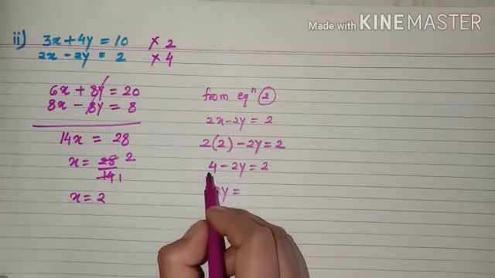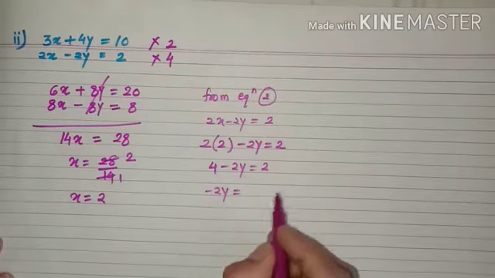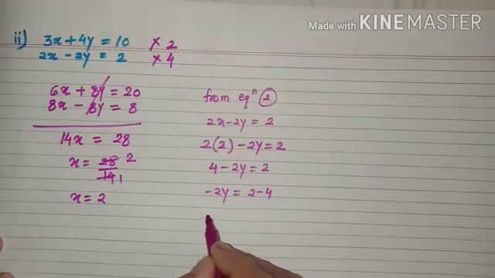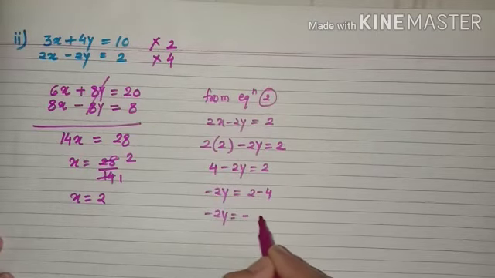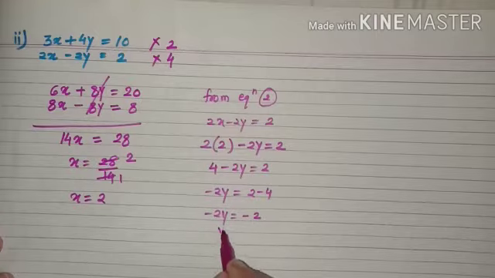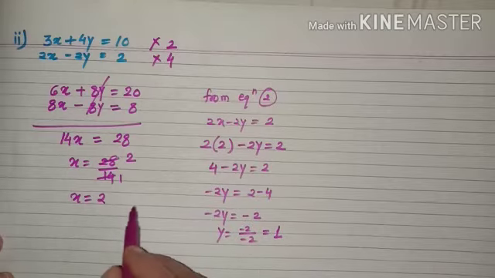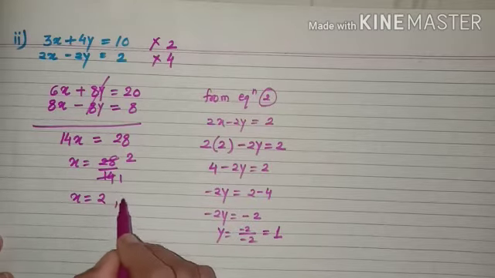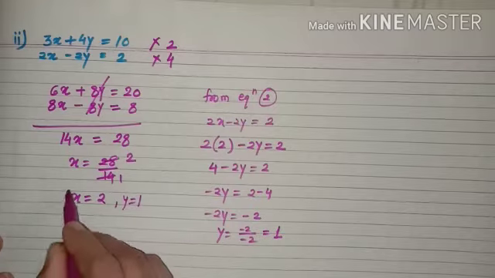Now we will shift this 4 to the right hand side. We get 2 minus 4, so minus 2y equals minus 2, y equals minus 2 upon minus 2, which is equal to 1. So for these equations the value of x is 2 and the value of y is 1.